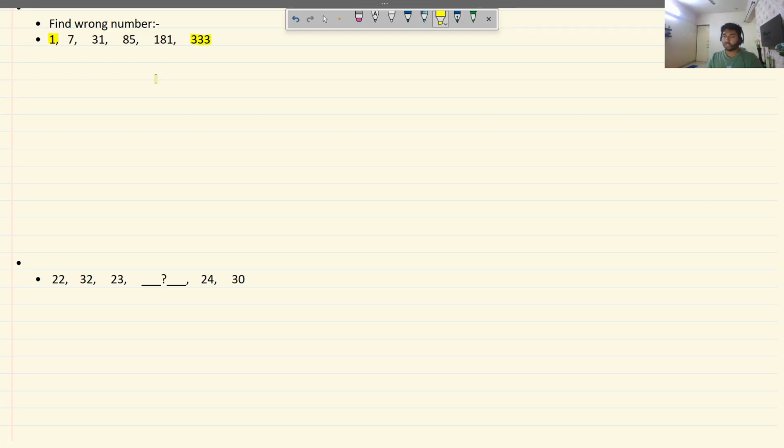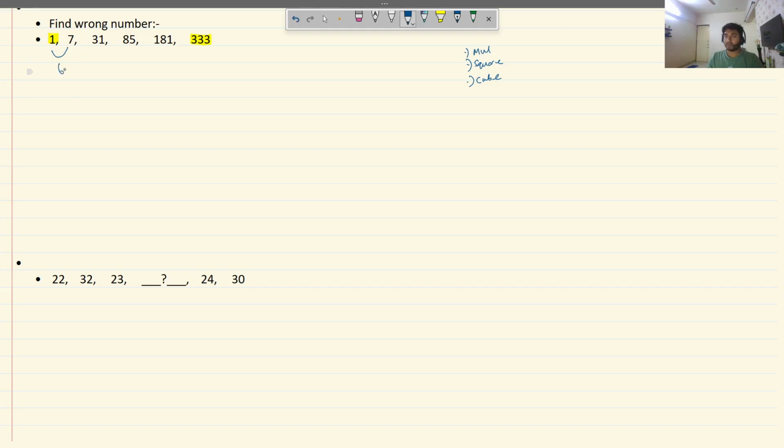There is a huge jump, so there must be some multiplication or square or cube involved here, but just by seeing the numbers I cannot really understand the pattern right away. So let me just take the consecutive difference for starters.